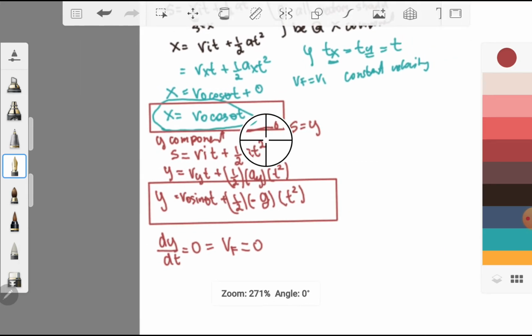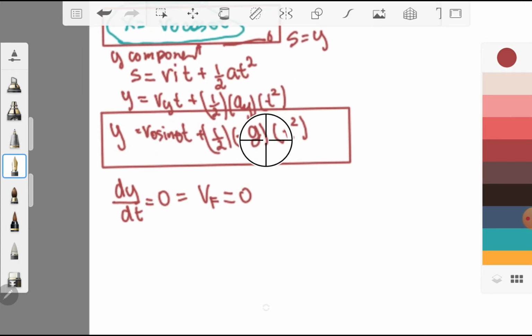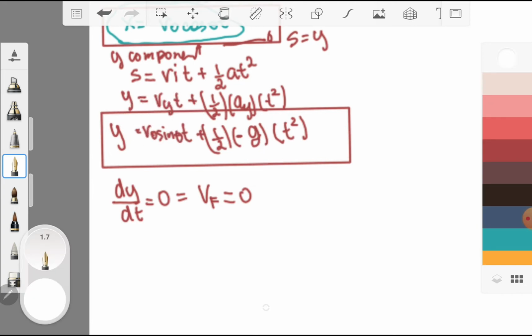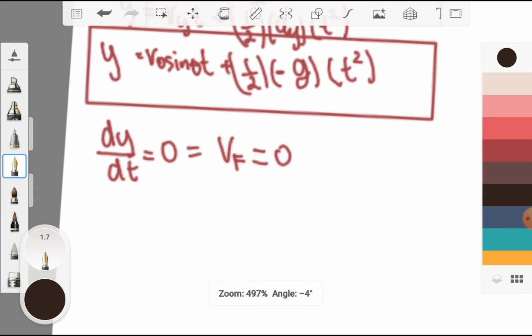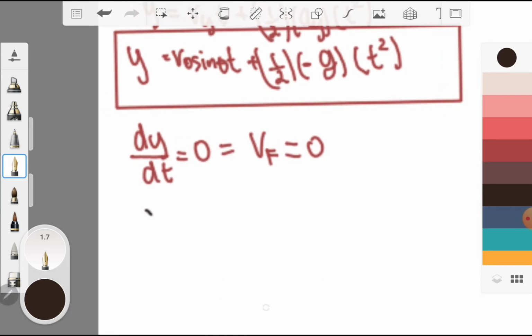So, dy over dt, setting your VO sine theta and g as constants. So, letting VO sine theta be constant, we have dy over dt equal to the derivative of VO sine theta multiplied by t with respect to t.